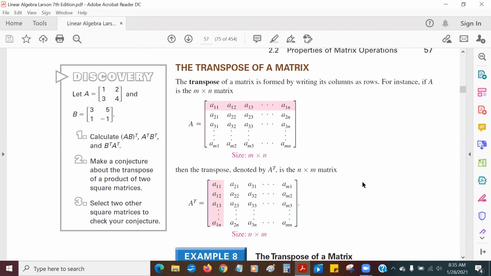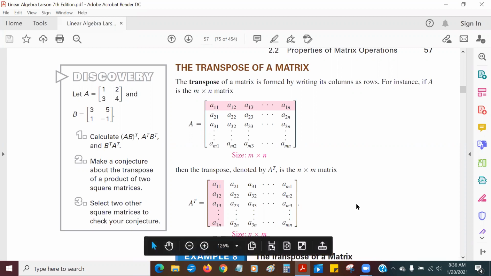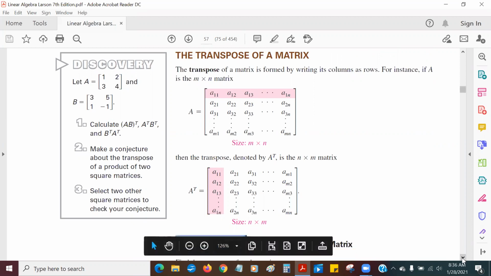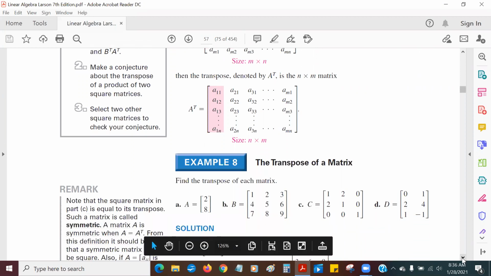By the way, a transpose does not have to be a square matrix. We could do a transpose for any matrix, square or not. You see A11, A12, A13, up to A1n, those same numbers are down here.